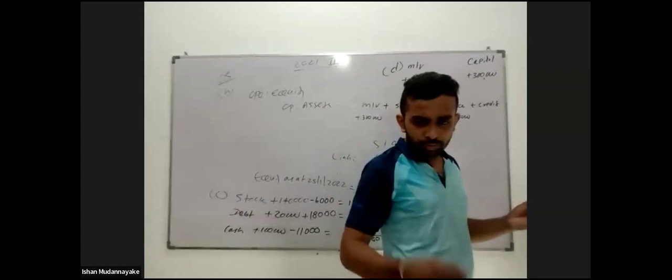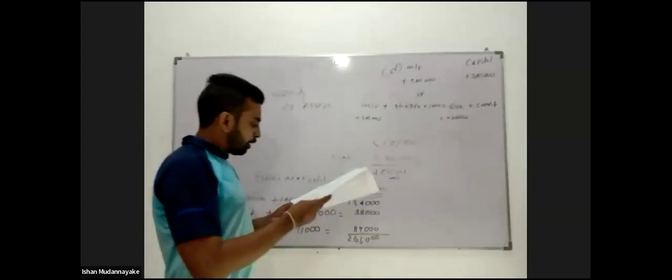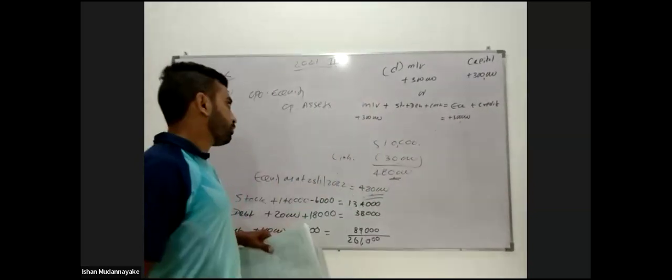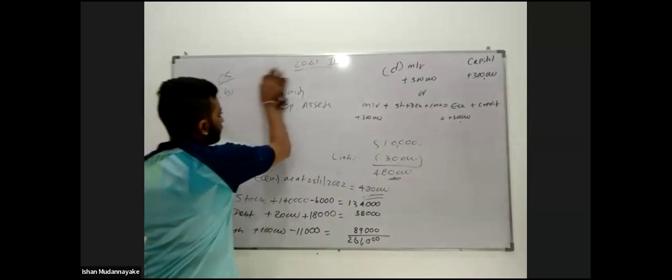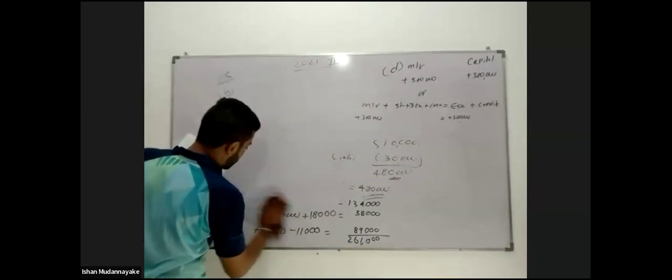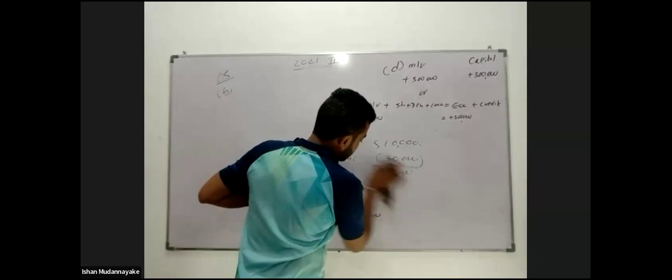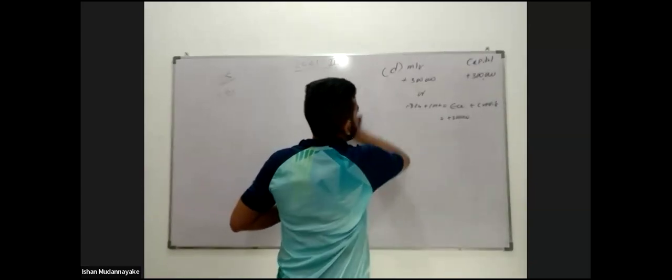Simple question. You need to prepare the sales journal. In the sales journal you record only the credit sales, credit sales of stocks.